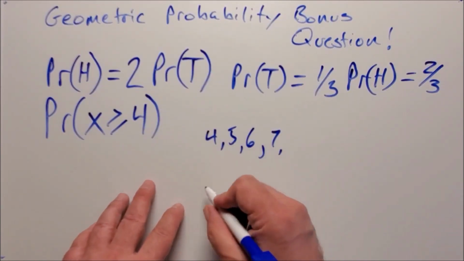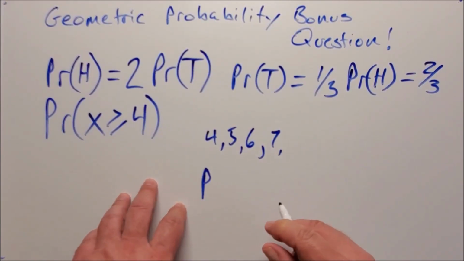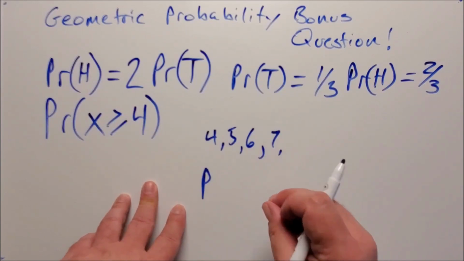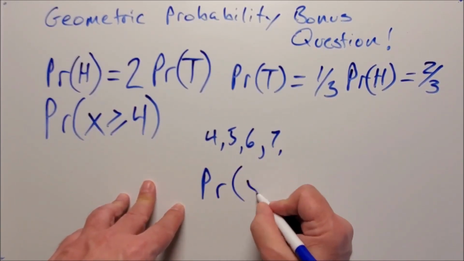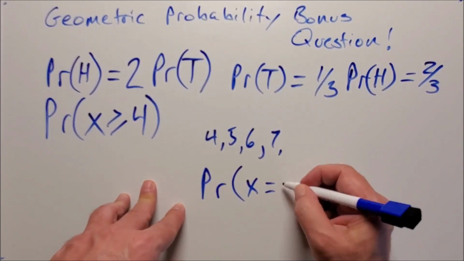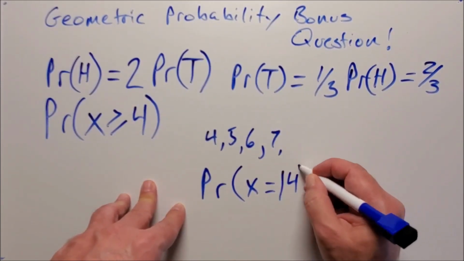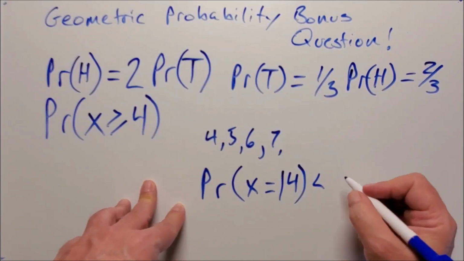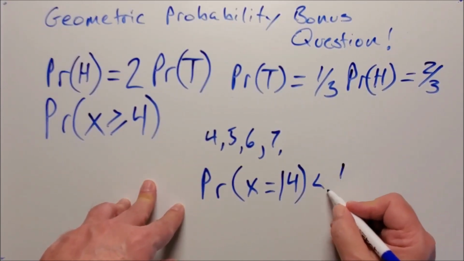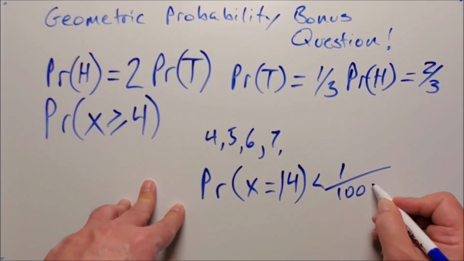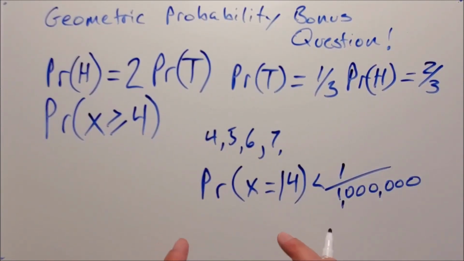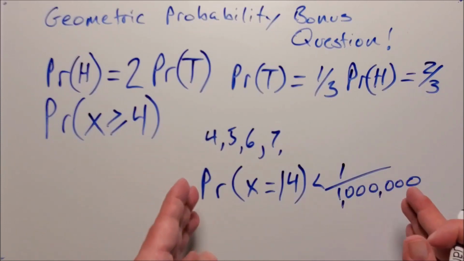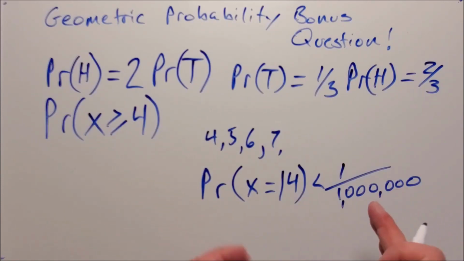As it happens, and I really wish somebody would check this and make sure I'm not mistaken, the probability that the first success would happen on the 14th trial would be less than 1 in a million. So you're going to get really darn close with a reasonable amount of effort pretty fast. But close isn't good enough for us.